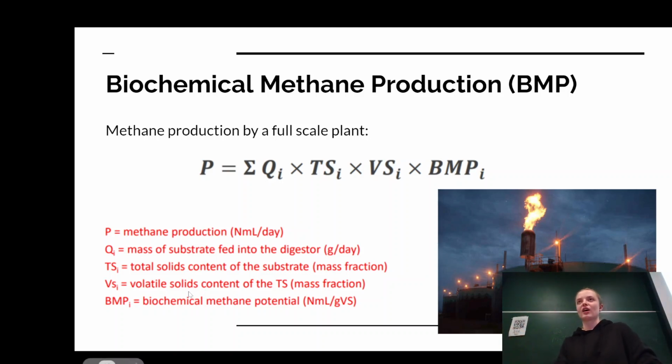Mass fractions also have no units, so they're dimensionless. Times that by the volatile solids content of the total solids, remembering that we had that tree diagram that split off our volatiles from our fixed, and then we times that by what we found the biochemical methane potential to be, and that was on the previous slide.